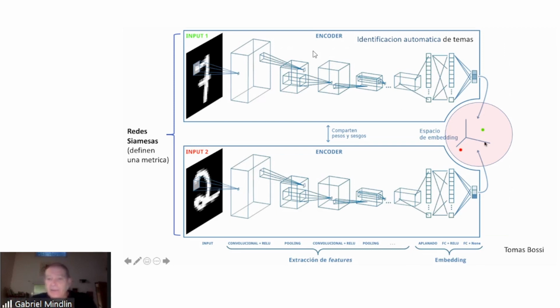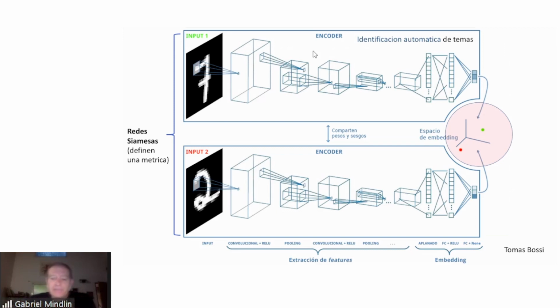Here I'm describing those coordinates as a Euclidean system of coordinates, and you train the parameters in such a way that if you have a similar image as an input, you will be mapping the points close, and if you input a different image, you're going to be mapping the points far away. So this is what happens if you request that the points are mapped to similar points if the images belong to the same class, and if they belong to a different class, you want these points to be mapped farther away.